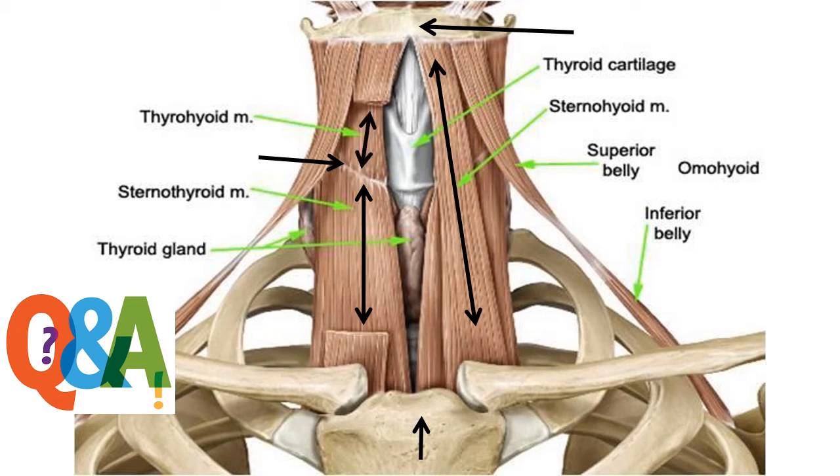And then there is another muscle from the outer surface of the thyroid cartilage to the hyoid bone, and this muscle is called thyrohyoid muscle.